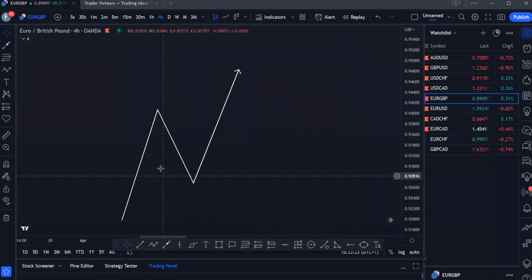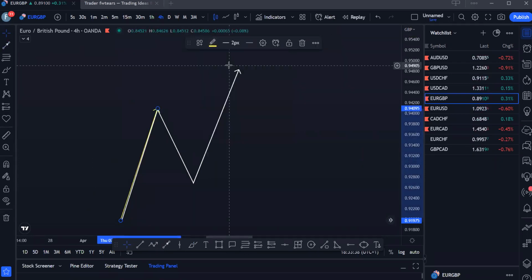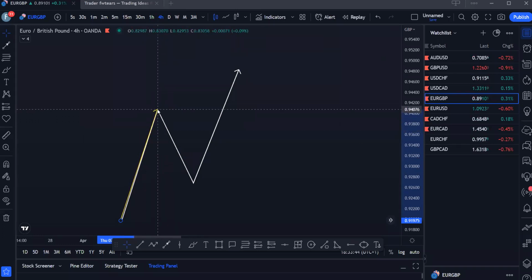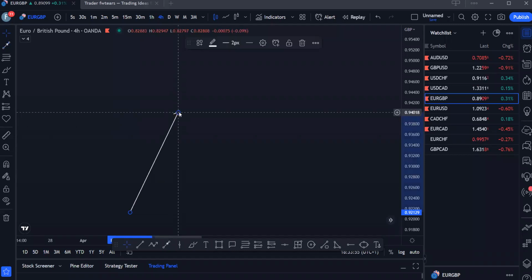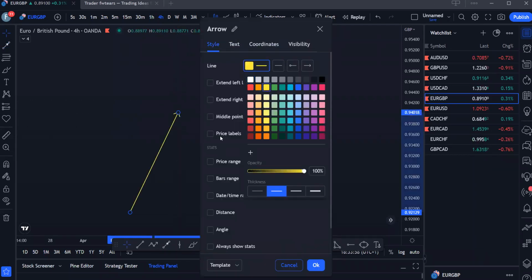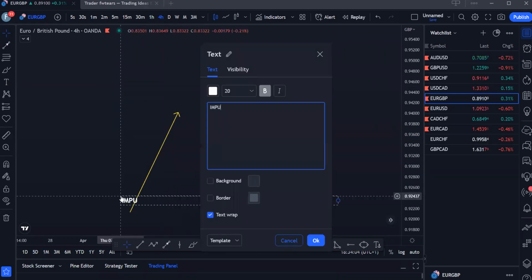Now, the first move, this first move that's going up here, let's do it this way. So the first move in a trend is called an impulse move. All right, so this is an impulse move.